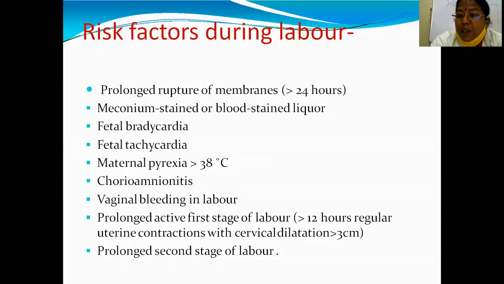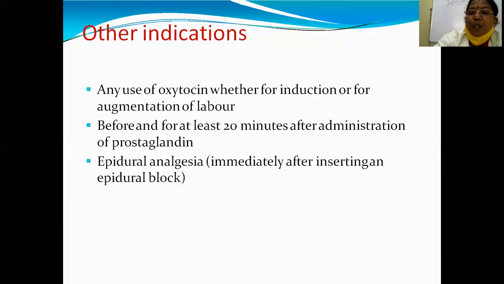On intermittent auscultation, if the heart rate is less than 110, or between 160 to 180, or more than 180, the mother has fever more than 38 degrees, infection like chorioamnionitis, bleeding in labor, a prolonged active stage of the first stage, or a prolonged second stage. Any prolongation in the first or second stage, we want continuous monitoring.